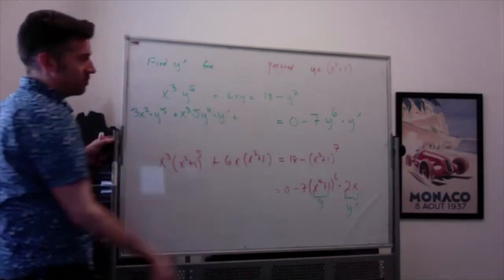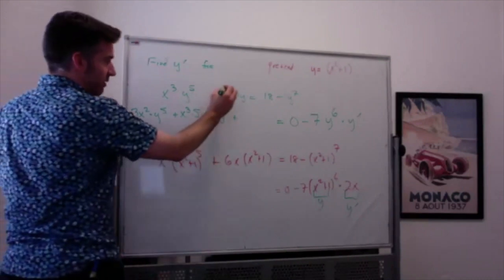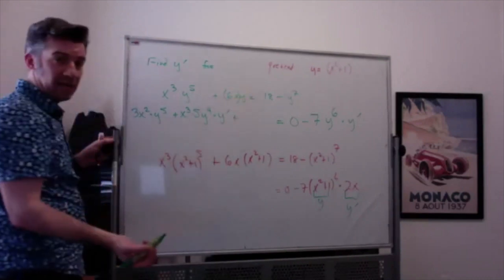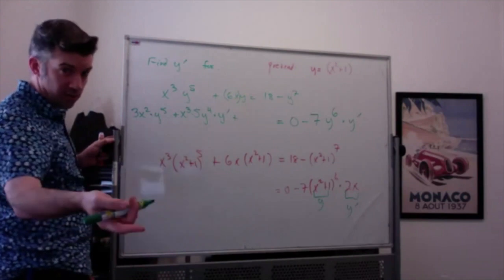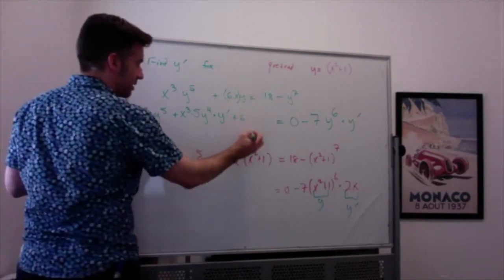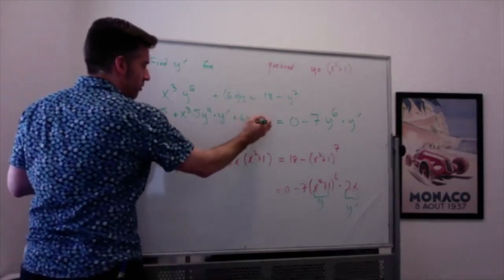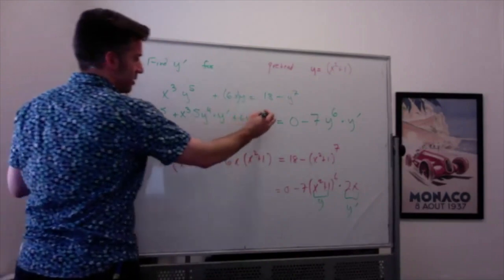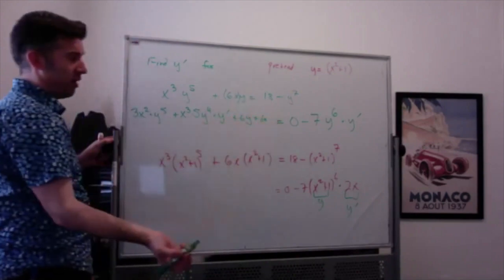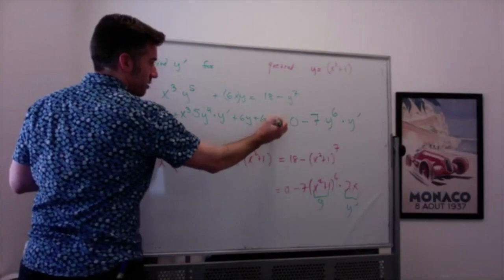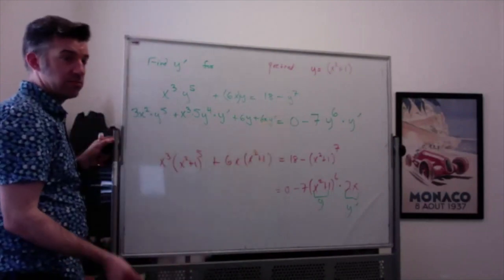And for 6xy, I would like to think of it as 6x times y. So when I use the product rule, the derivative of 6x is 6, leave the y alone, plus 6x we leave alone, and the derivative of y is the derivative of y.